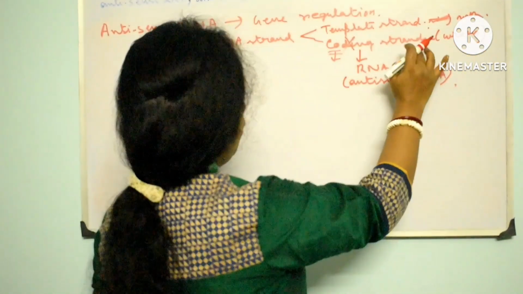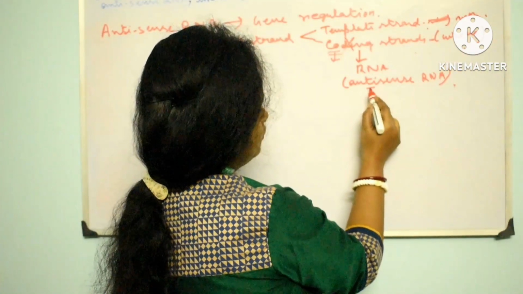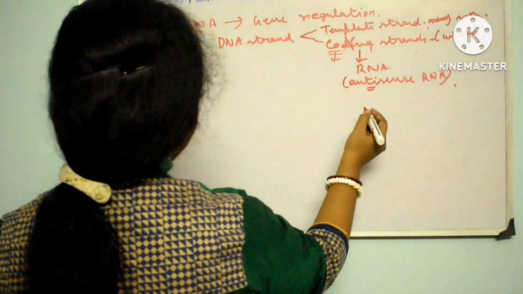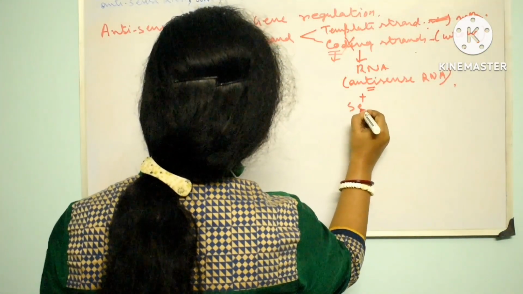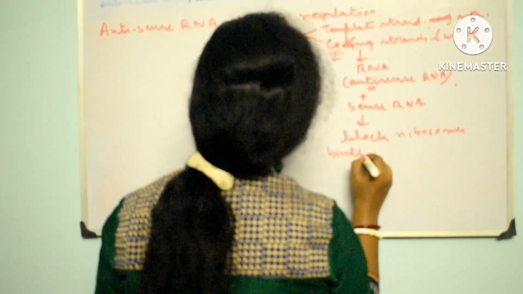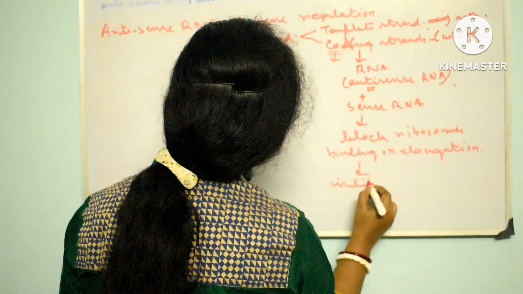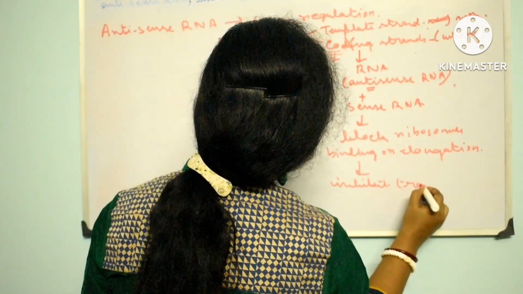The RNA synthesized from this wrong strand is known as antisense RNA, and it binds to sense RNA and blocks ribosome binding or elongation, and thus may inhibit translation.